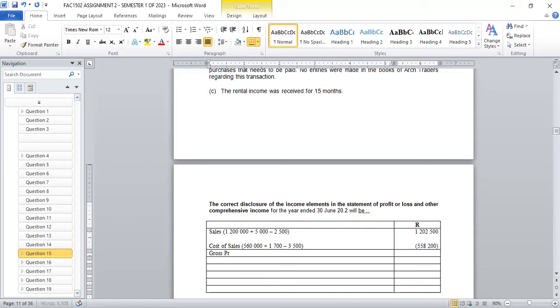Then gross profit, which is the difference. What do we get? That's 644,300.